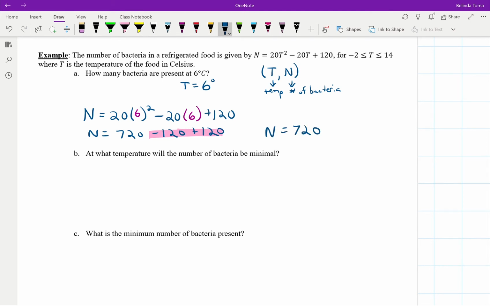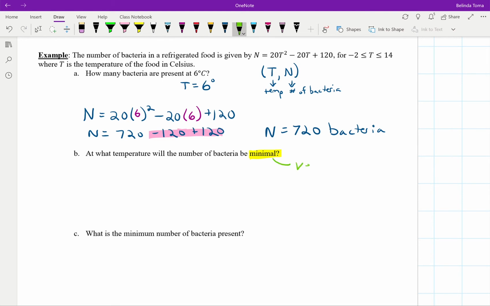So in part B, what we're looking at then is at what temperature the number of bacteria will be minimal. That word minimal is important because that is telling us that we're thinking about the vertex.